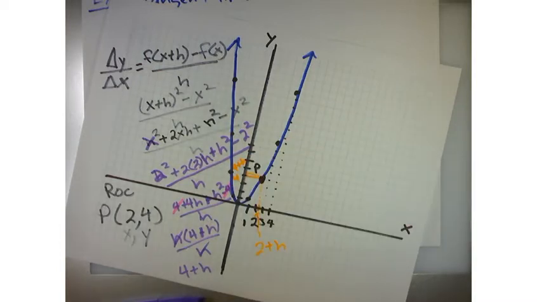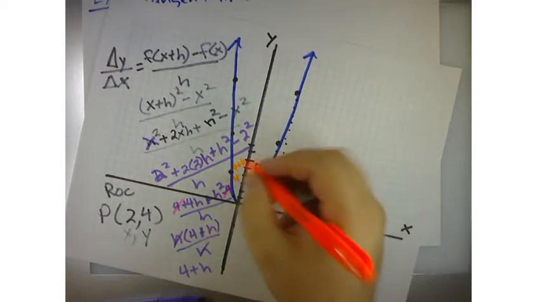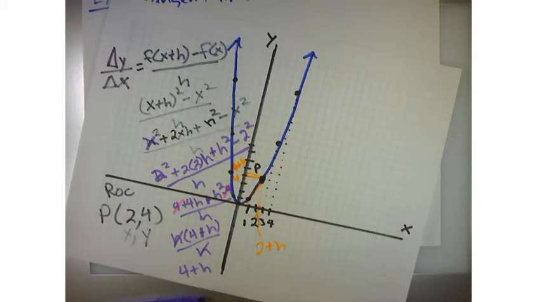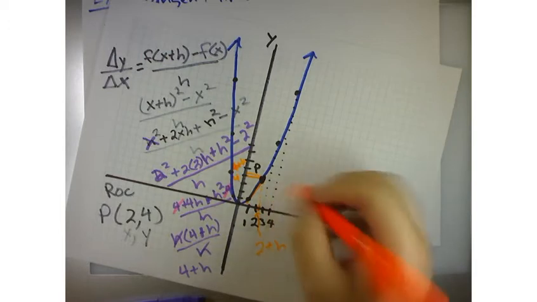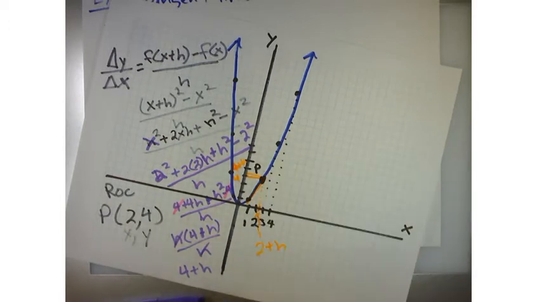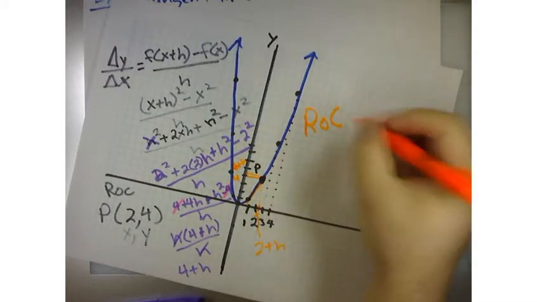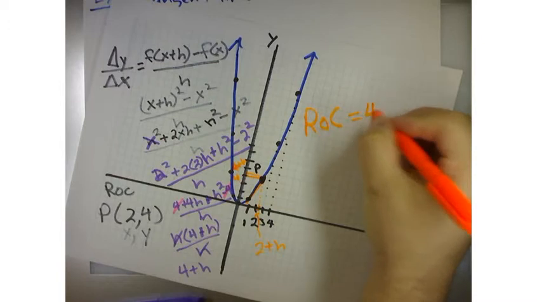Now, it's actually referring to the slope. So depending on how much I put in for my h value, the slope is 4 plus h. What I'm looking at is that the slope from here to here, on average, is 4 plus h. In other words, my rate of change is equal to 4 plus h.